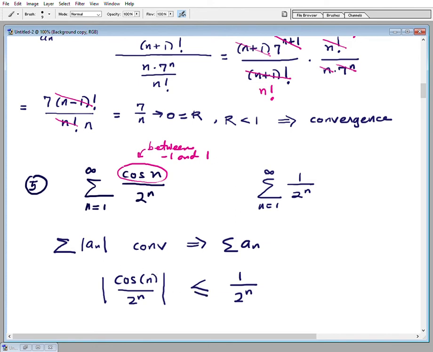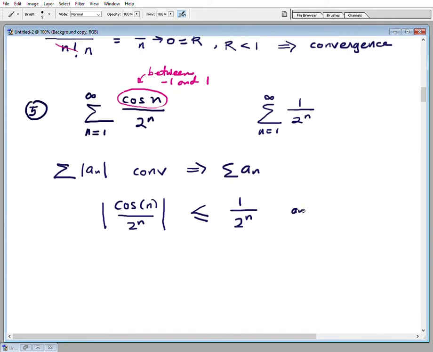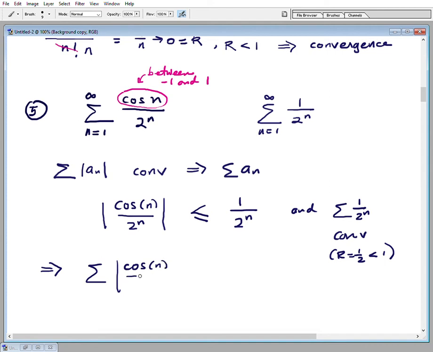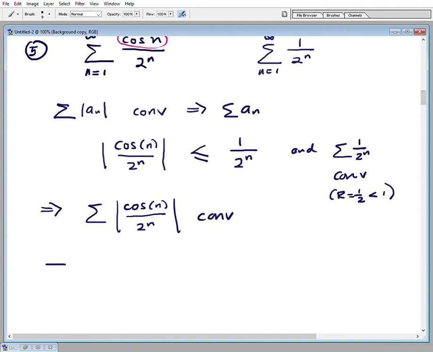So this is less than or equal to this. And we know that this converges. That's a geometric series where r is 1/2, which is less than 1. Just a regular geometric series. So we know that one converges. That means so does this one. So if the absolute value converges, that means if we remove the absolute value, that also converges.